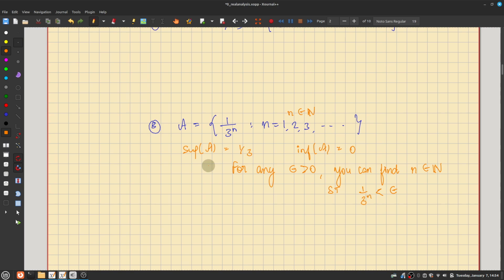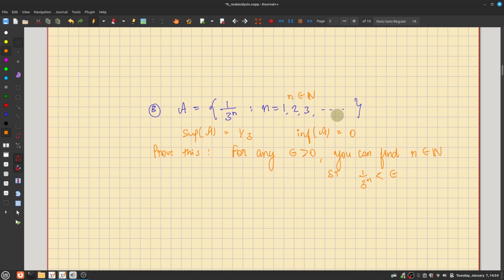So prove this. This means that no positive epsilon can ever be a lower bound for this particular set.